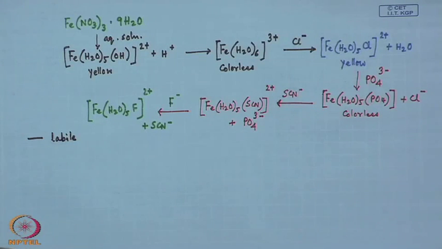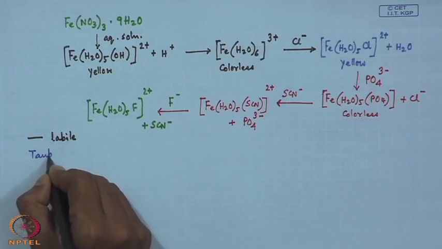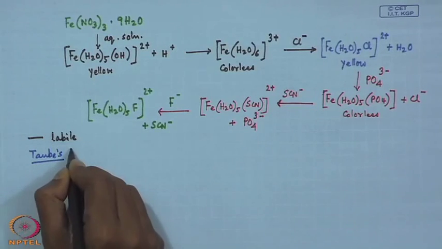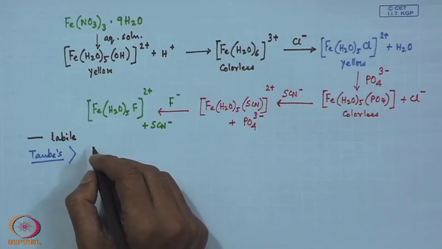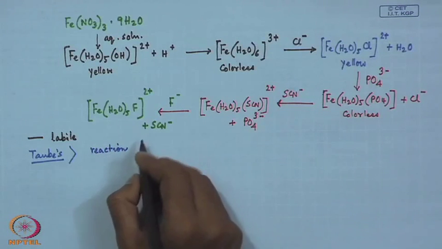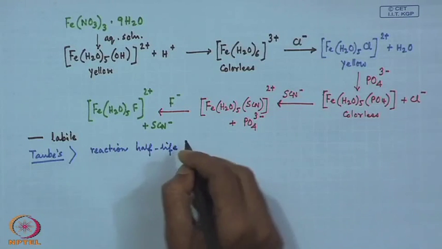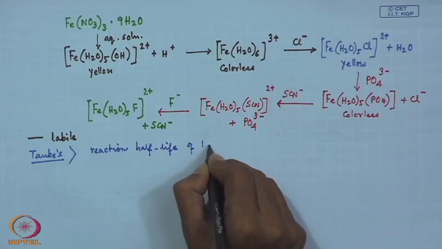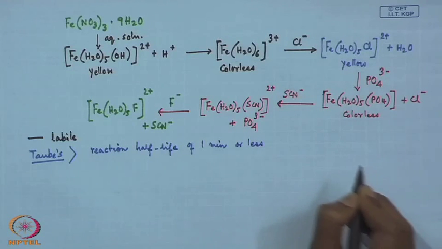So, the labile complex we can define according to the Nobel laureate Henry Taube's definition. Taube defined a labile complex as one where the reaction half life is 1 minute or less.